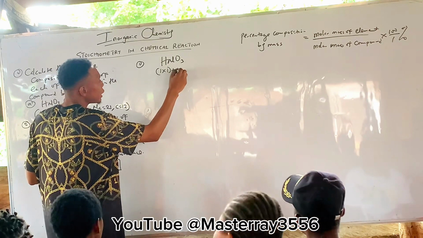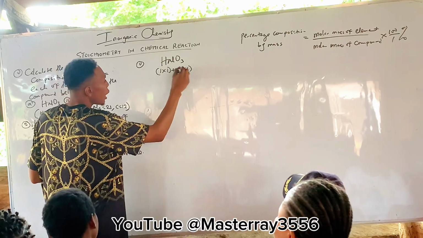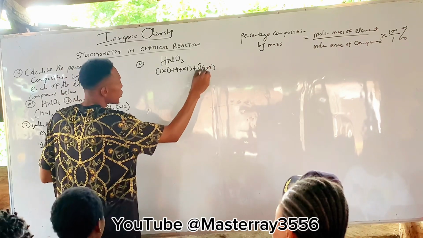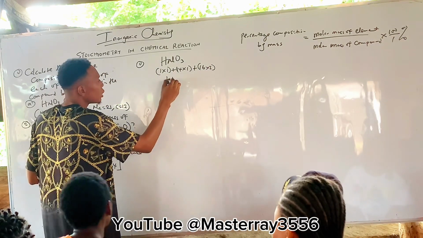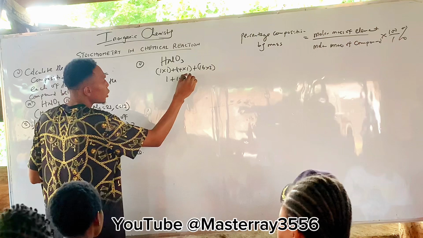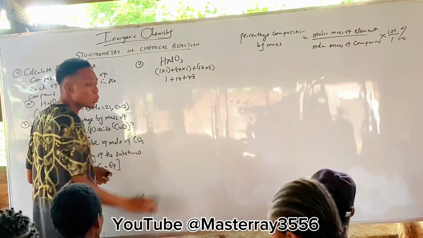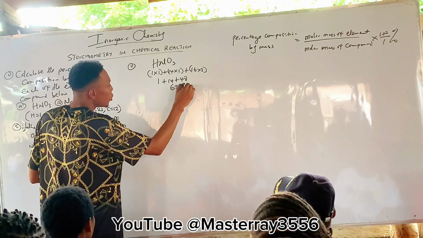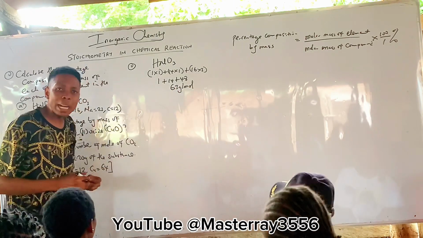Nitrogen is 14, with 1 atom. Then oxygen is 16, with 3 atoms. So 1 times 1 is 1 plus 14 plus 48. If you add up, we have 63 gram per mole. So this is the molar mass of the compound.